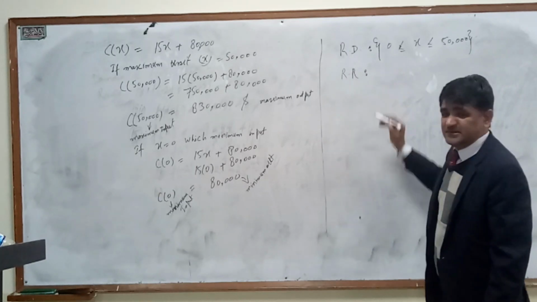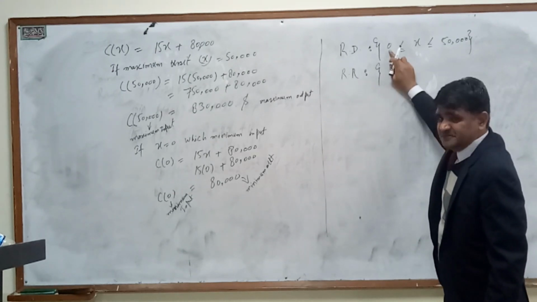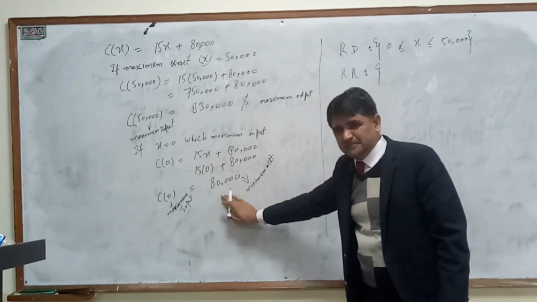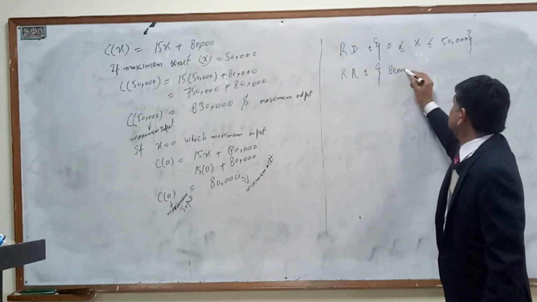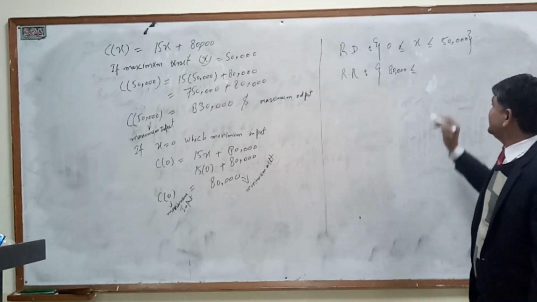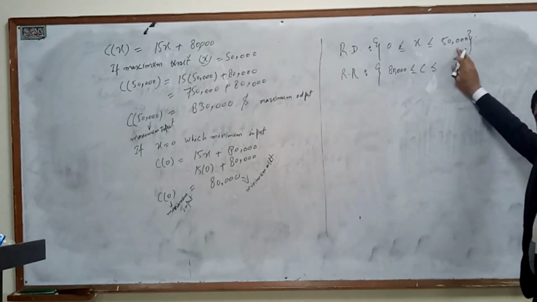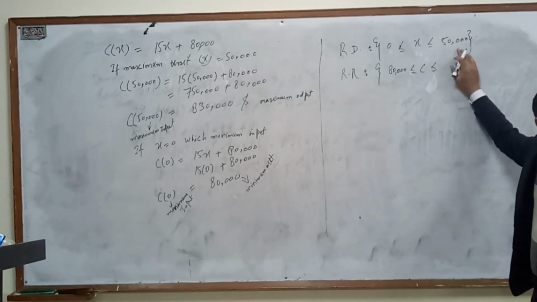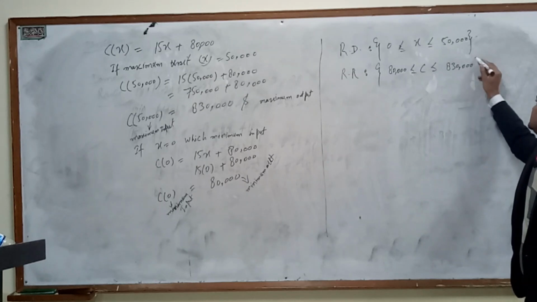RR means restricted range. When input is minimum, output is minimum, that is 80,000, less than or equal to cost C, less than or equal to, when number of units are 50,000, then what is cost? 830,000.